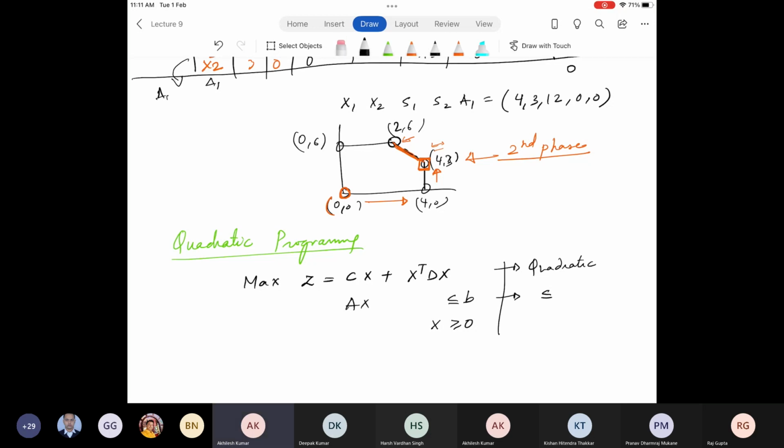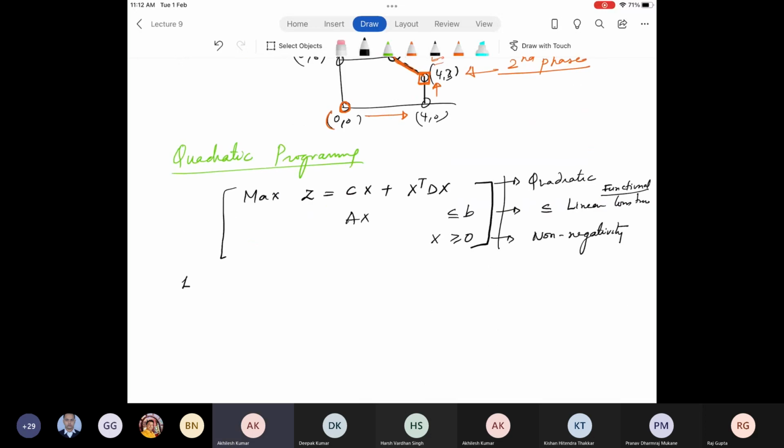If it is non-linear, you cannot solve it as a quadratic programming problem. It has linear functional constraints, to be precise, and non-negativity constraints. If any non-linear programming problem follows this structure, we say it is a quadratic programming problem, and there is a way to use the first phase of the two-phase method and find the solution.